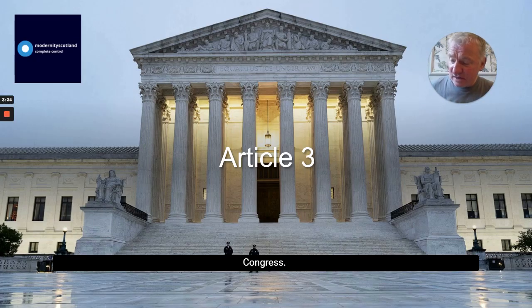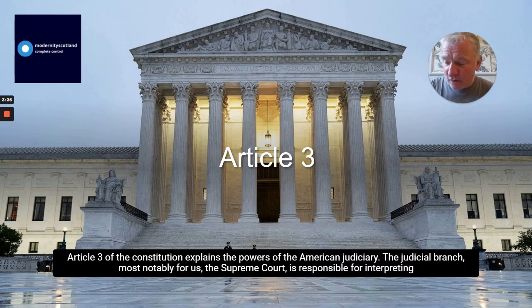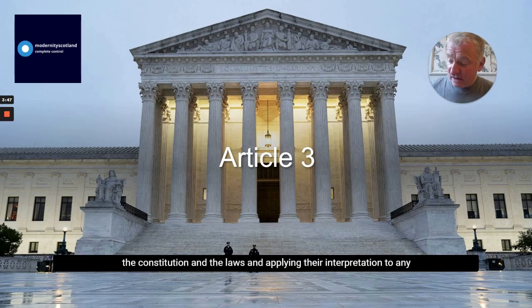Article 3 of the Constitution explains the powers of the American judiciary. The judicial branch, and probably most notably for our attention, the Supreme Court, is responsible for interpreting the Constitution and the laws and applying their interpretations to any controversies brought before it.